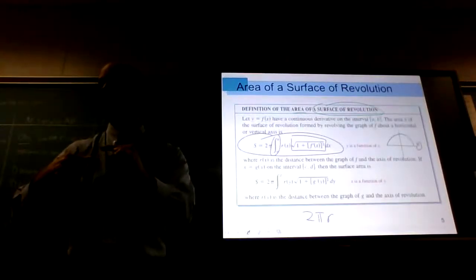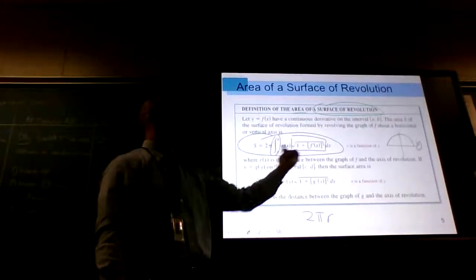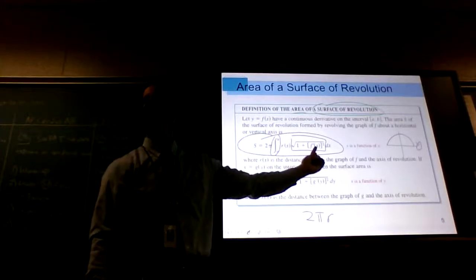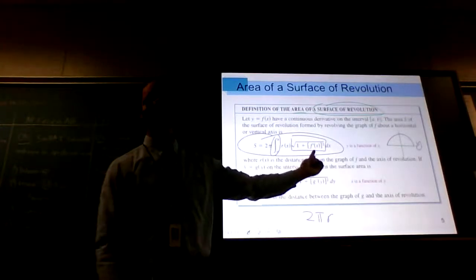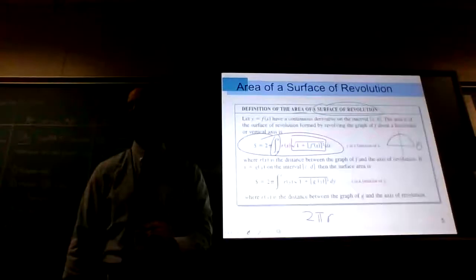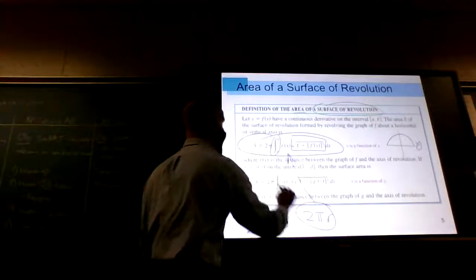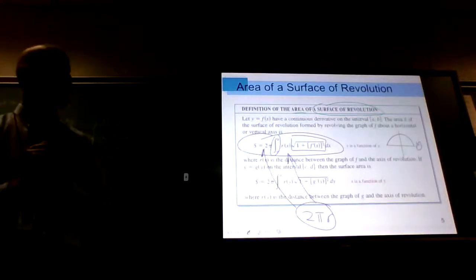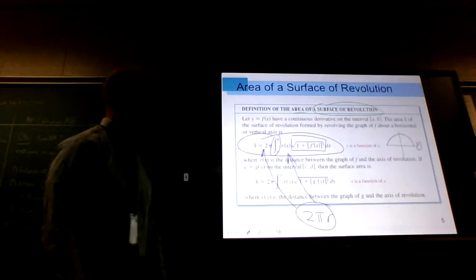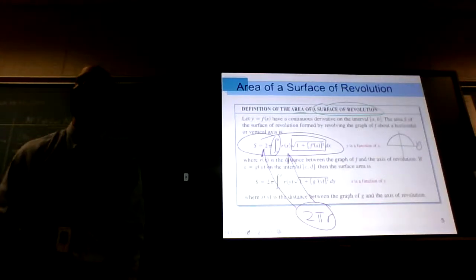Does that make sense? Now you might say, well, Mr. Allen, you didn't really show us where the arc length formula came from. I know, I saved that lovely video for you, right? But it's kind of intuitive here. This gives me the arc length. This gives me the circumference. Okay. Does anybody want to take a guess why that's R?